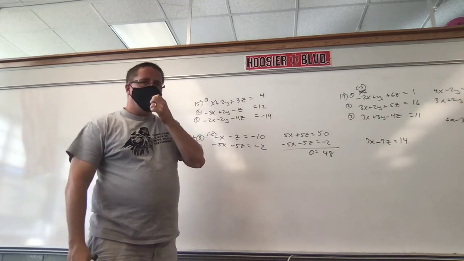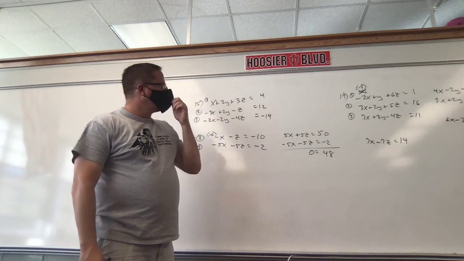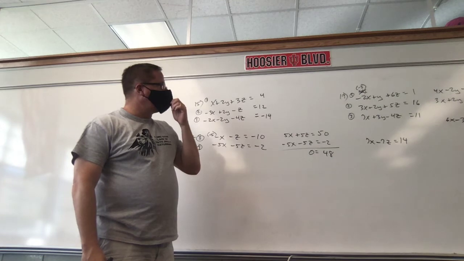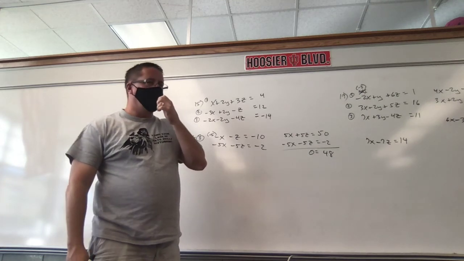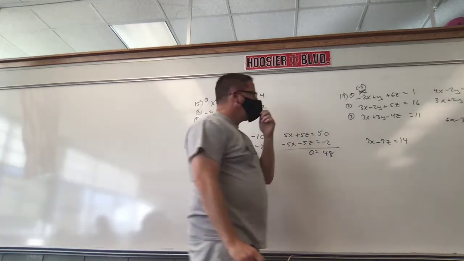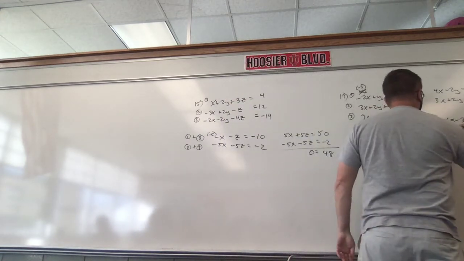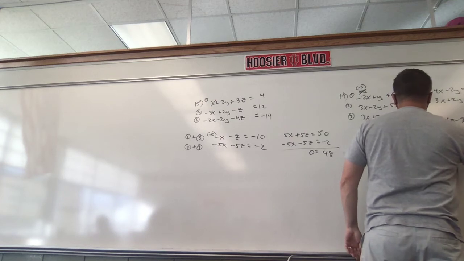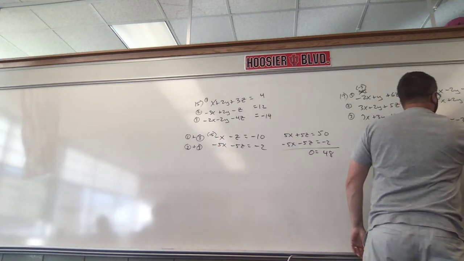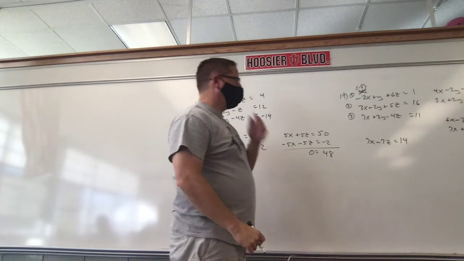Now what am I going to do? I took the negative 3 times the first equation, write down which one? Third one. Yeah. Third one. 7x plus 3y minus 4z is 11.